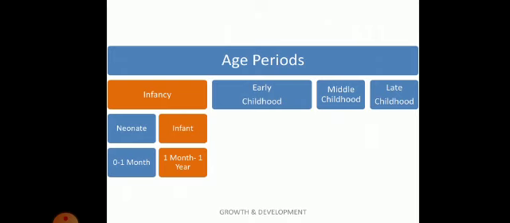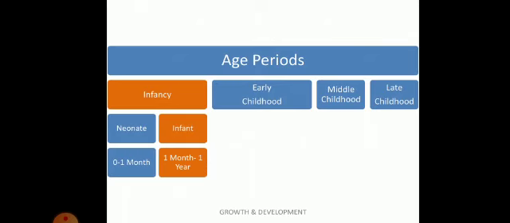Infant means from 1 month to 1 year. Again, a few literatures support the use of infant up to 2 years. So either up to 1 year or up to 2 years, you can say infant. Literature differs, so both are right, but here we are considering up to 1 year.